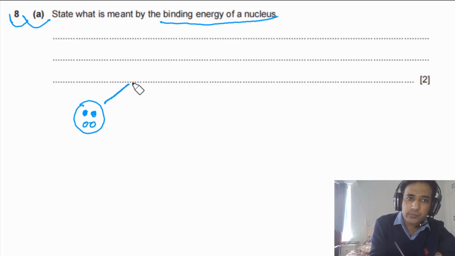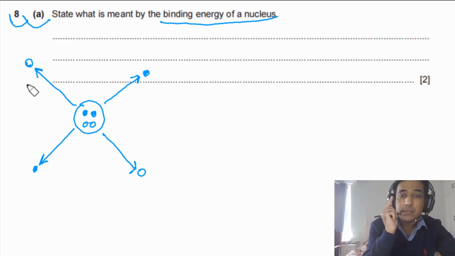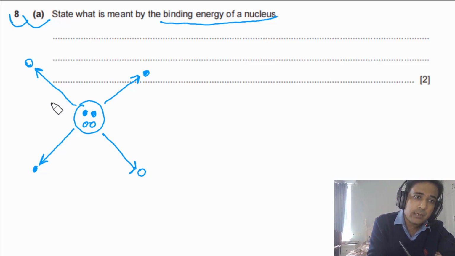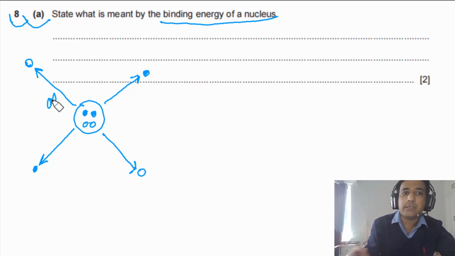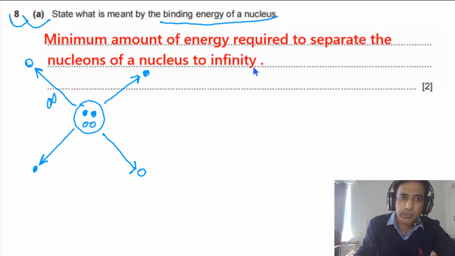The amount of work we need to separate these nucleons to infinity, meaning far away from each other. So we can say we have neutron here, we have neutron here. The minimum amount of work done by the external agent is the binding energy of this nucleus.